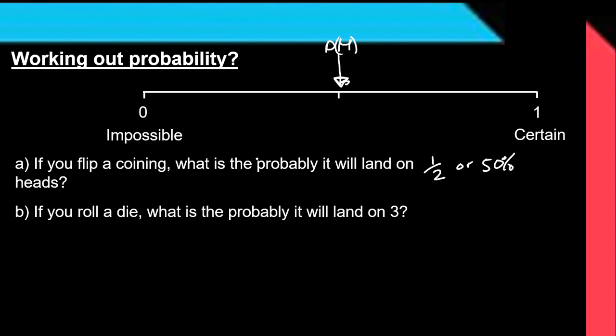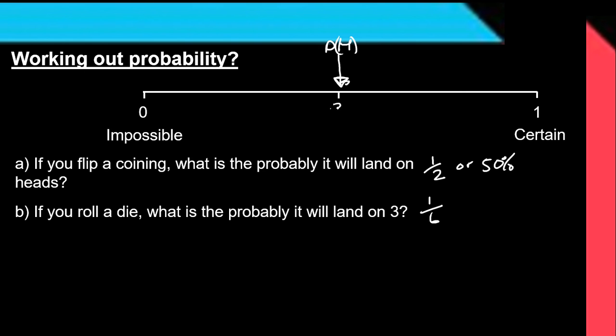The next question: if you roll a die, what's the probability it lands on a 3? Well, I know if I roll a die, it's only got 6 possible outcomes. So the chance of it landing on a 3 is 1 out of 6. If I'm putting this on the probability scale, I would have to split it up into 6 equal parts.